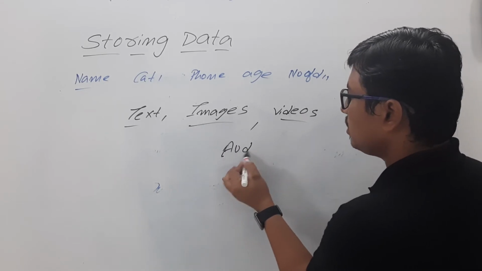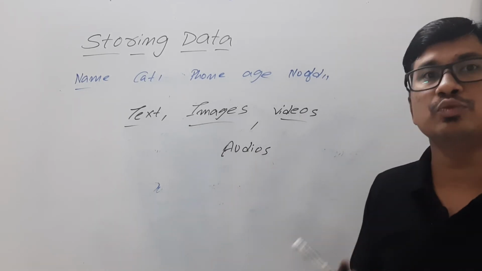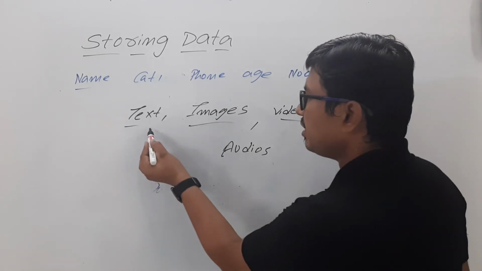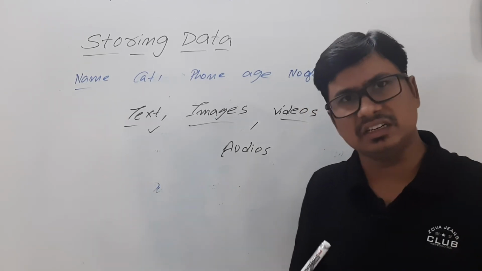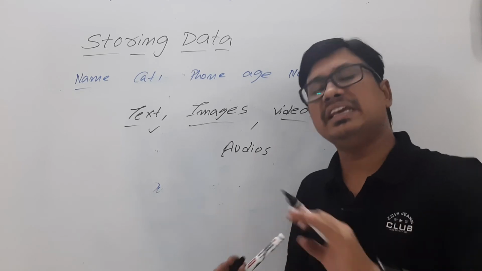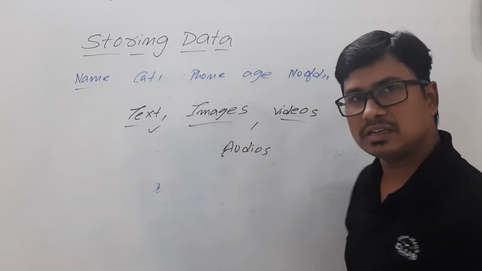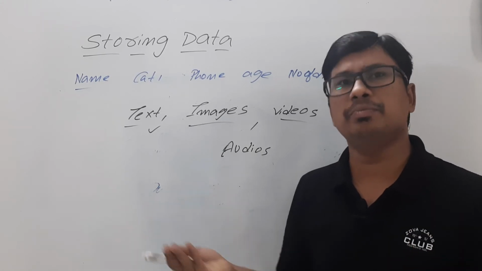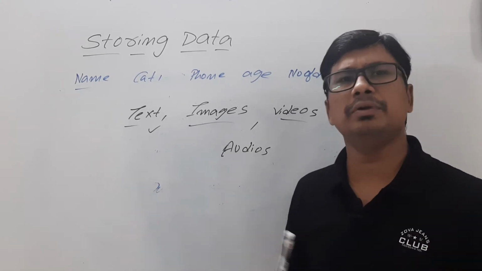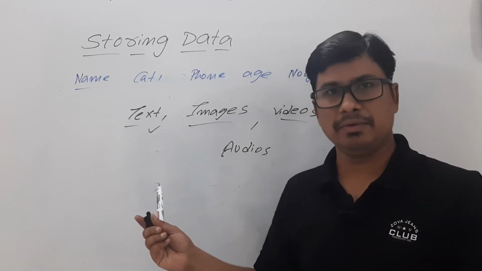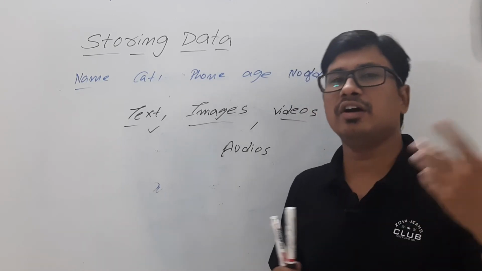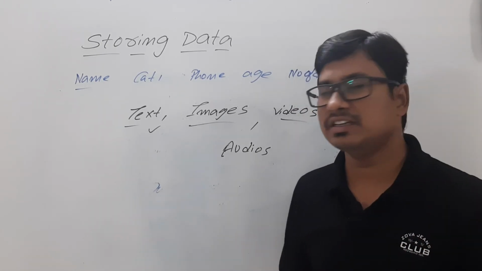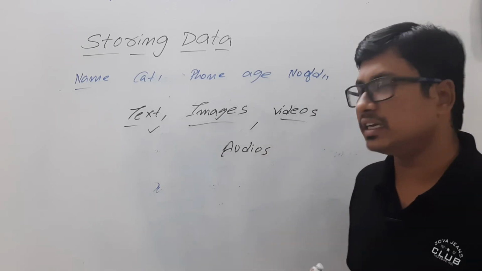This is the data we are generating more of nowadays. Does a text message have any structure? Should I write a message like this? There is nothing. Images, I can take in any style. Am I right? I can take a photo while I'm sleeping, while I'm eating. Nowadays people are taking images for everything. Am I right? Whenever they're driving the car, they're taking selfies and hitting someone else. So all this data we are generating.